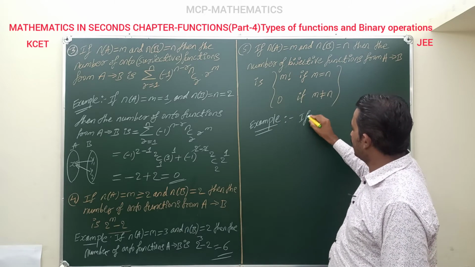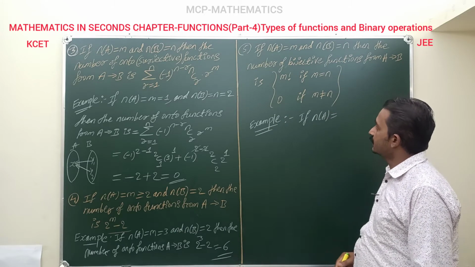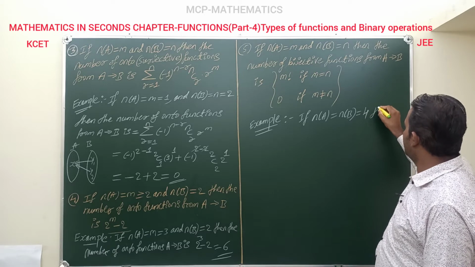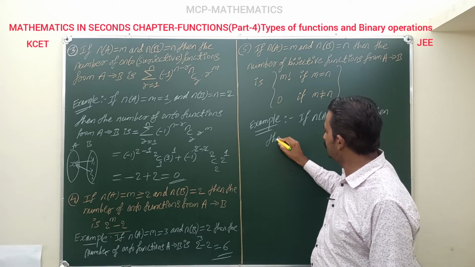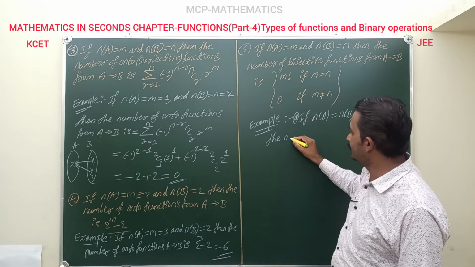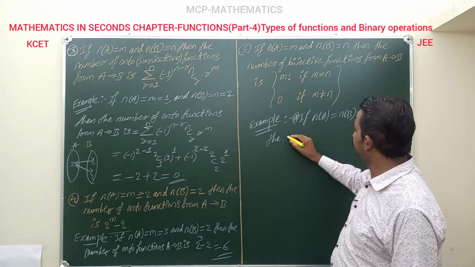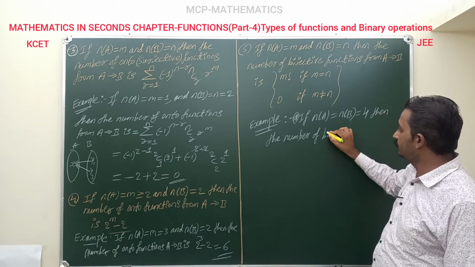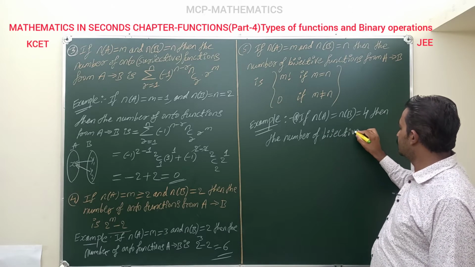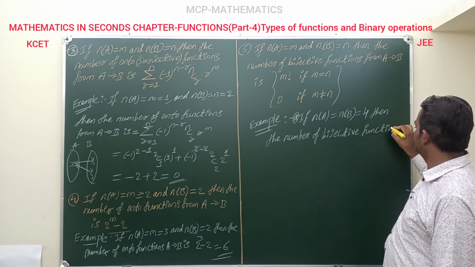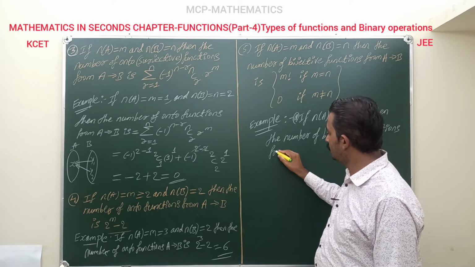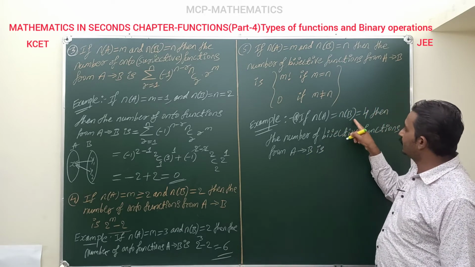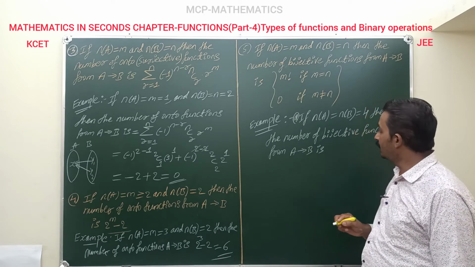If n(A) and n(B) both are equal to 4, then the number of bijective functions from A to B is, in this case, since n(A) equals n(B), you can use the formula m factorial, or n factorial.